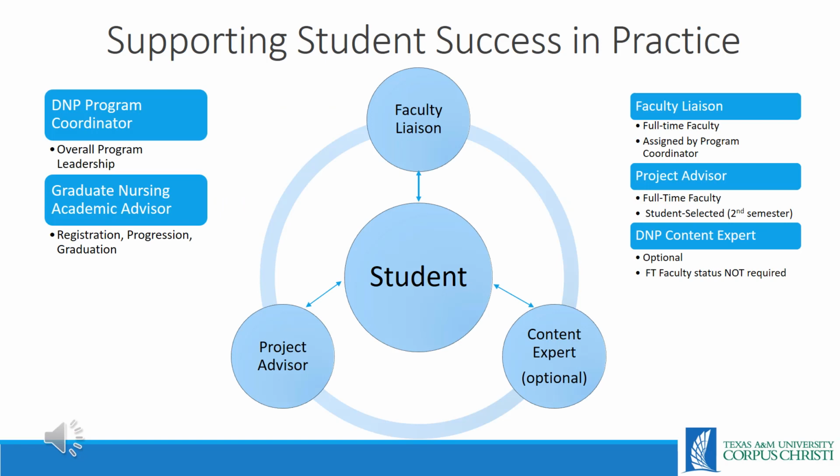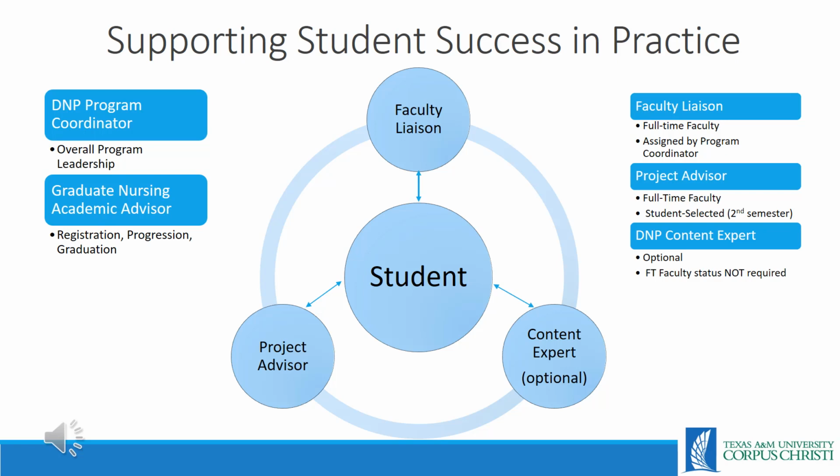In the DNP handbook, you will find a description of the various supports for student practice success. The following individuals will facilitate student progress in their project and practice experiences. First, we have the DNP Program Coordinator. The DNP Program Coordinator is entrusted with the overall leadership of the DNP program.